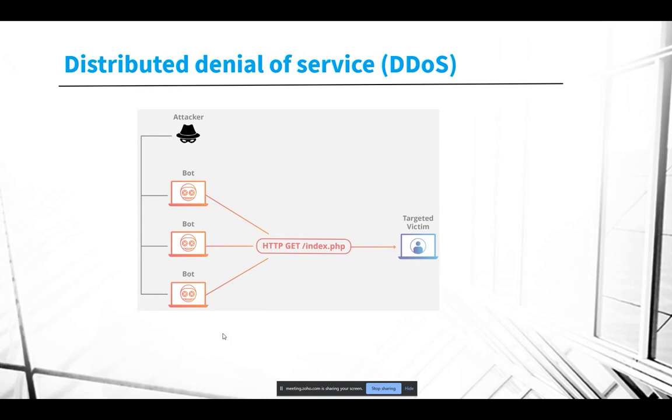They are not getting any data from here, but they are disturbing the service by sending unnecessary traffic, making it unavailable to meaningful users. Sometimes you might have heard in the news that some particular service is down because someone bombarded it with network traffic.